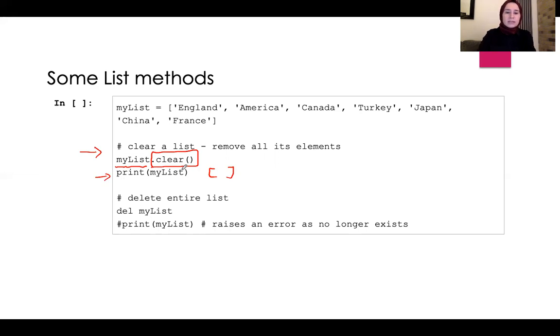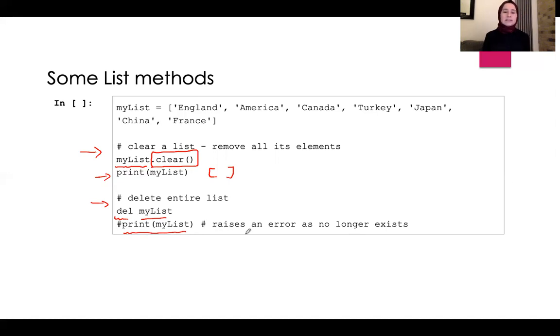It is also possible to delete the entire list. Just look at this example here, where we use the method to delete the entire list. This is how you can do it. And after deleting your list, when you try to print it, it will raise an error.